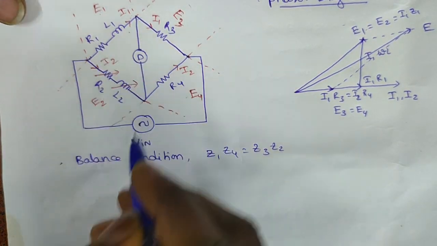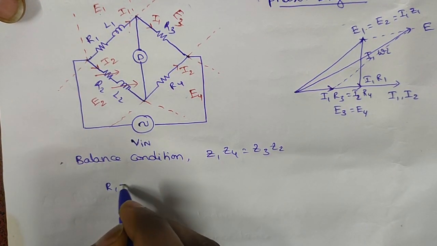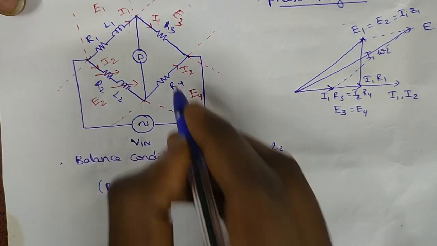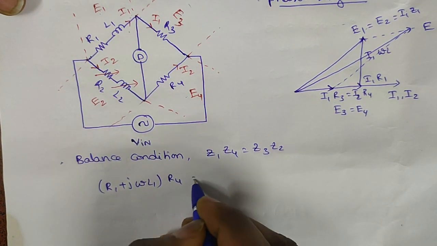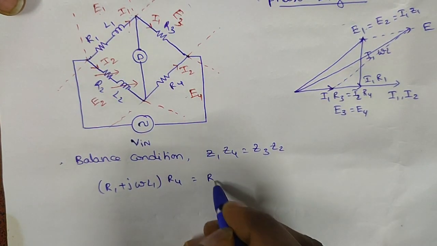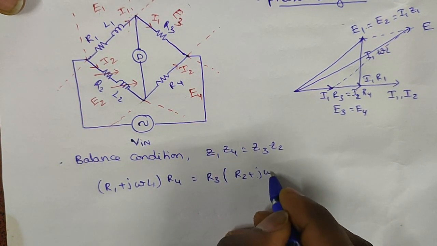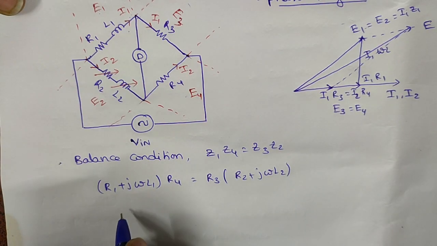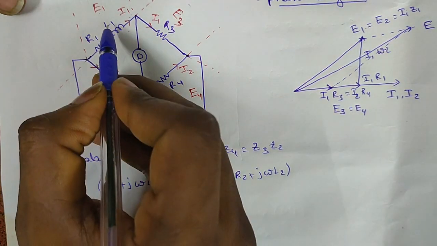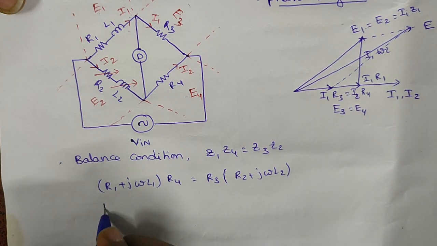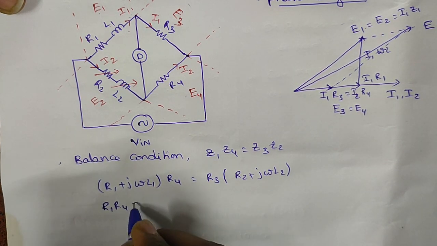That means Z1 is R1 plus j omega L1, Z4 is R4, Z3 is R3, and Z2 is R2 plus j omega L2. From this we need to find L1 and R1. Now multiplying all of them inside.